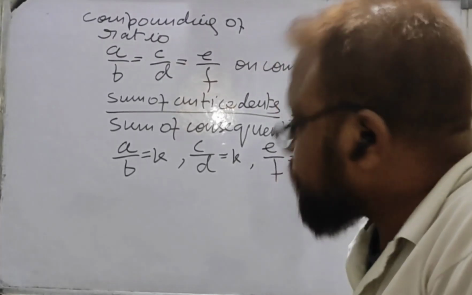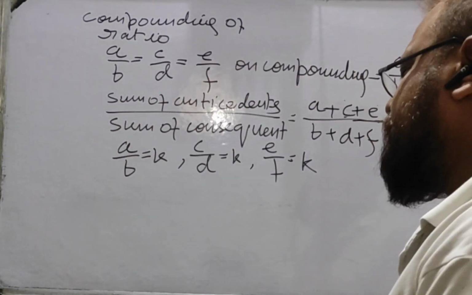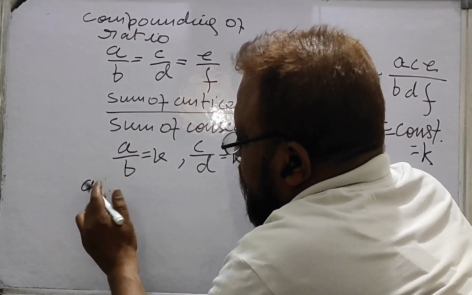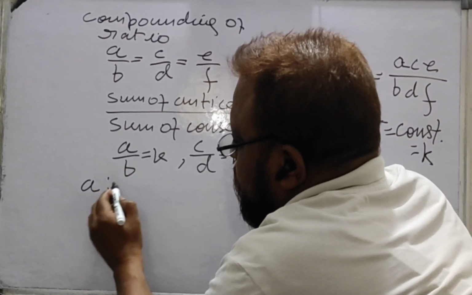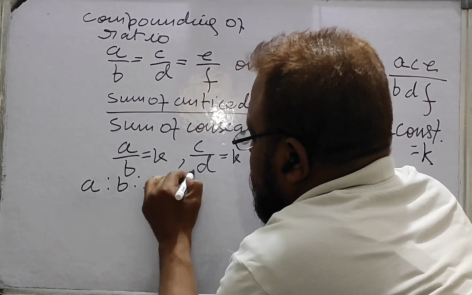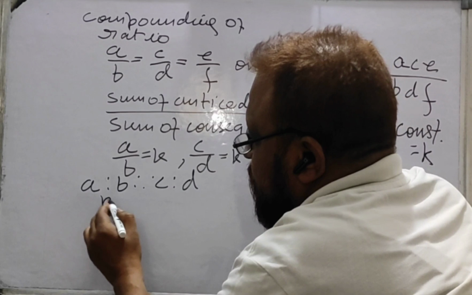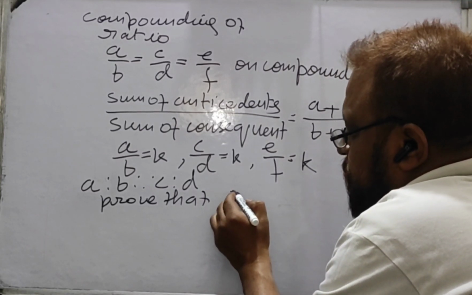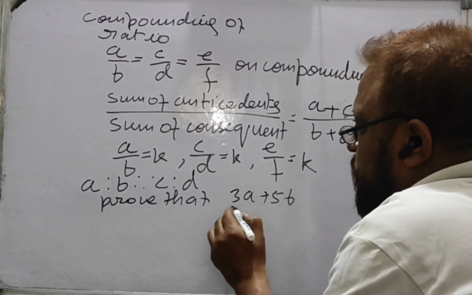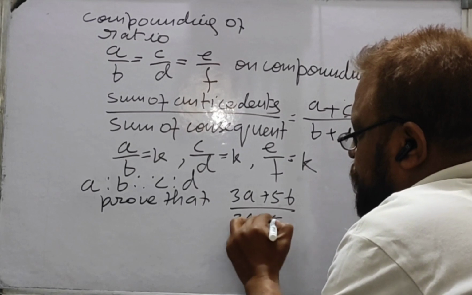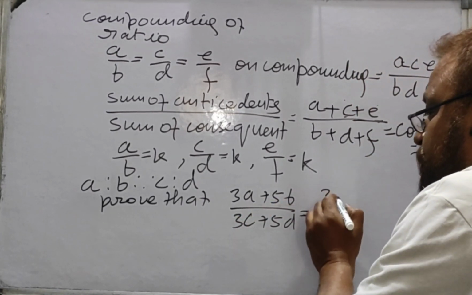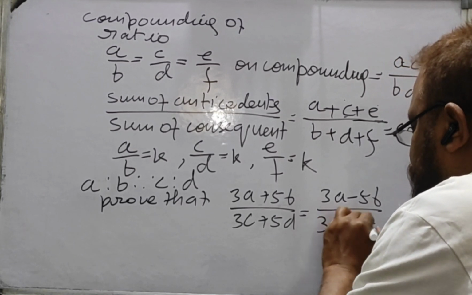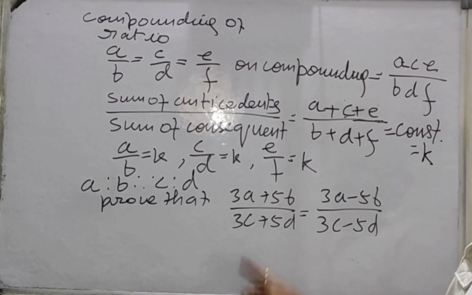You know that, like the question you had, I was going through that. a ratio b proportion c ratio d, right? So prove that 3a plus 5b upon 3c plus 5d is equal to 3a minus 5b upon 3c minus 5d. Getting? I hope you remember this.